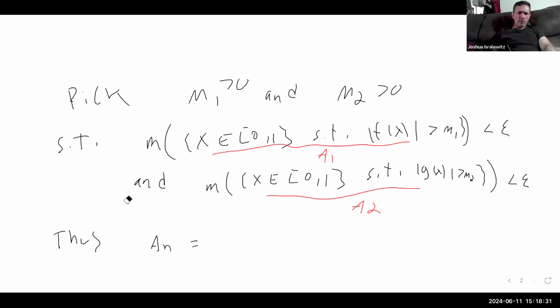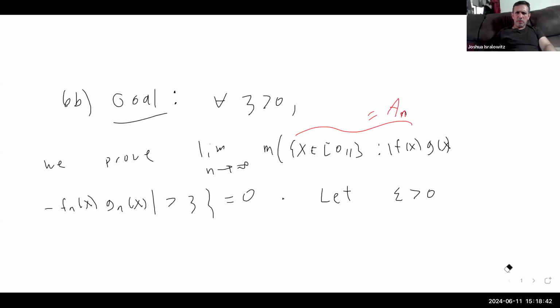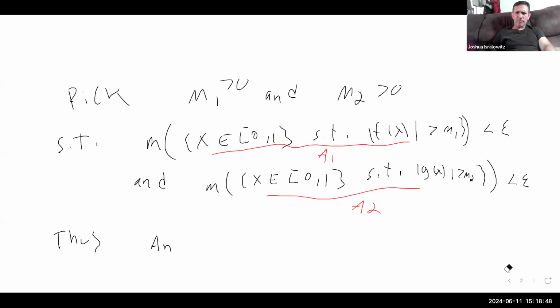so let's see. Maybe not the best thing to call this. Call it A. Okay, so the measure of AN, let's say it's the measure of AN.